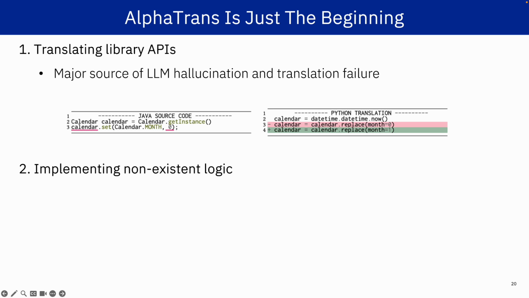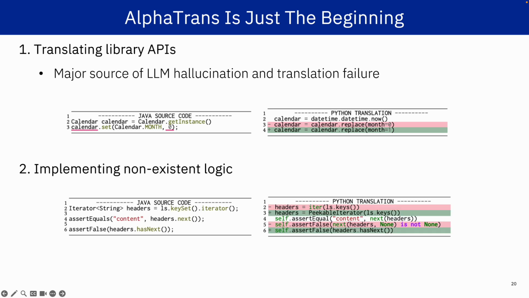Another problem is implementing non-existing logic in the target language. For example, in Java we have iterators whose behavior is not like the iterators in Python. In Java, the iterator has dot next and dot hasNext calls, where hasNext is just returning a boolean without advancing the iterator to the next element.